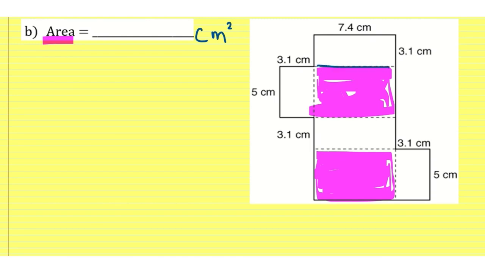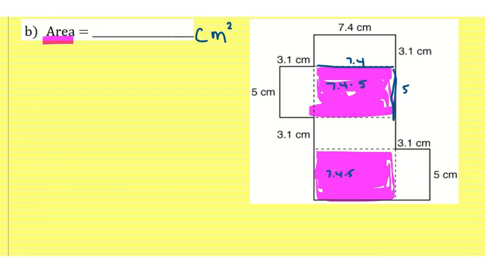Well, this line right here is the same as the 7.4, so it's 7.4. And then what is the width of that rectangle? Well, it's going to be the 5. So this rectangle is going to be a 7.4 times 5 area. So when that one is 7.4 times 5, this one is also going to be 7.4 times 5.